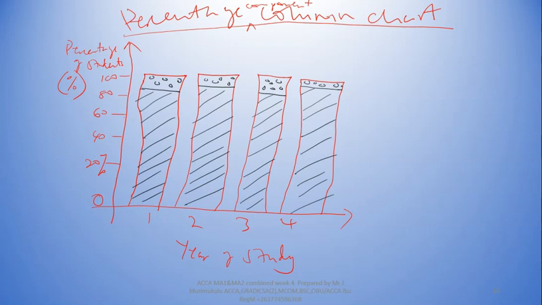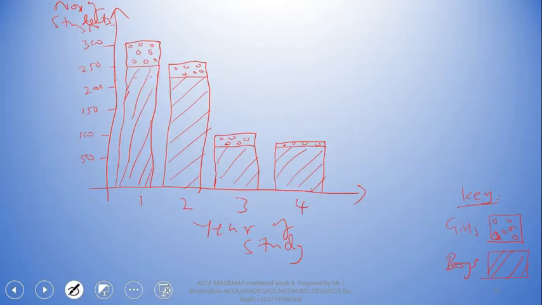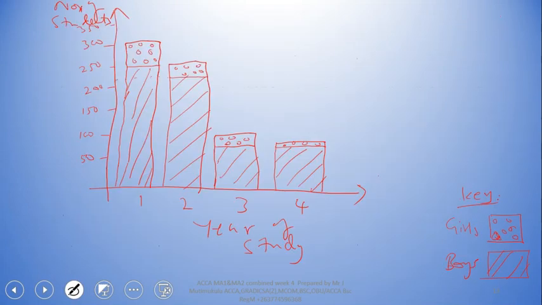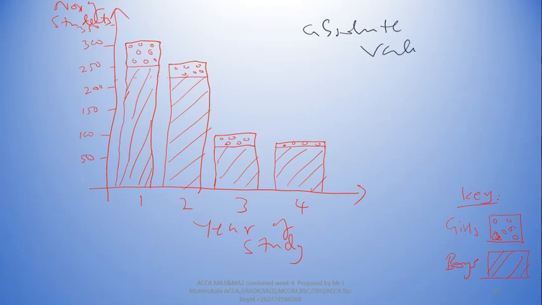However, whilst the first chart here, the component column chart, was clear in its regard, it was only giving us absolute values, or it was explaining the number of students in absolute terms.